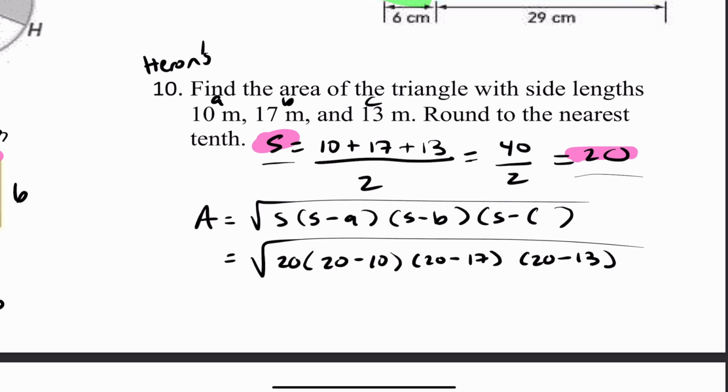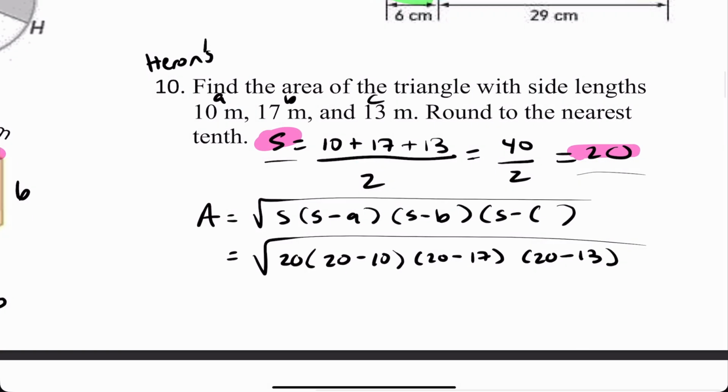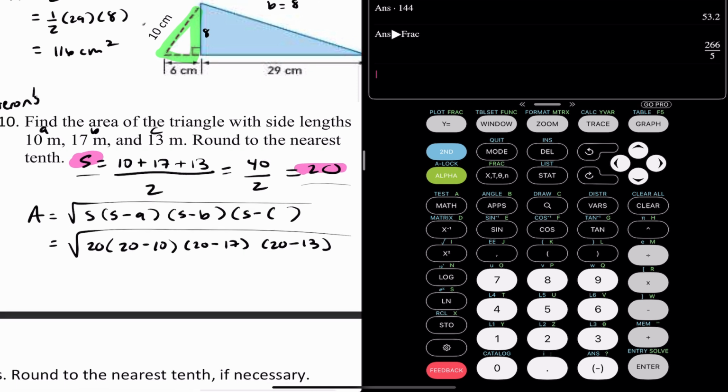So what I'm going to do is I'm going to put all of this into my calculator. Oops, wrong one. Wrong app. All right, so I have second x squared 20 times the quantity of 20 minus 10 times the quantity of 20 minus 17 times the quantity of 20 minus 13, and that is going to give you approximately, so we're rounding to the nearest tenth.